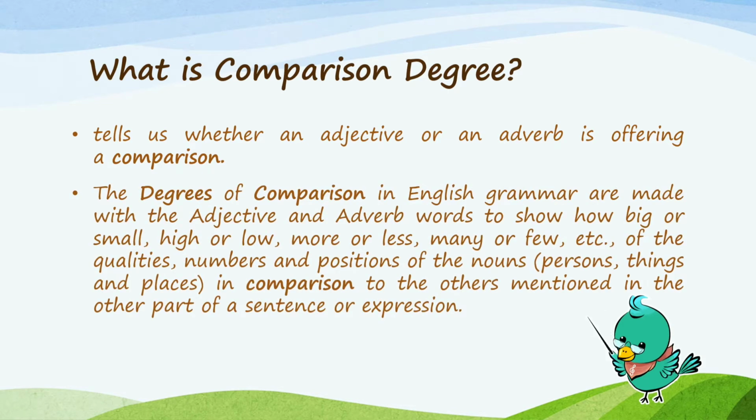The degrees of comparison in English grammar are made with the adjective and adverb words to show how big or small, high or low, more or less, many or few, etc. of the qualities, numbers and positions of the nouns, persons, things and places in comparison to the others mentioned in the other parts of a sentence or expressions.